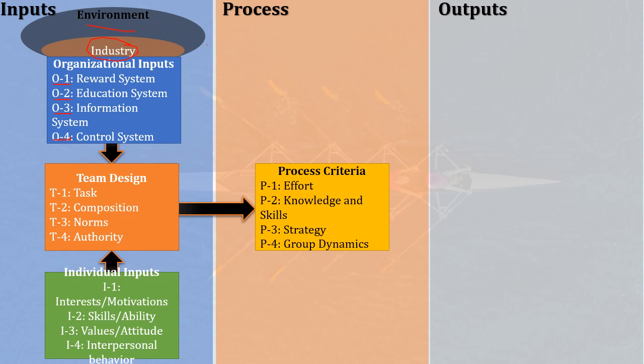Now what are outputs? Outputs can be the outcomes acceptable by the stakeholders. That means whoever has allocated the task, whether he is satisfied with the completion of that task or not.